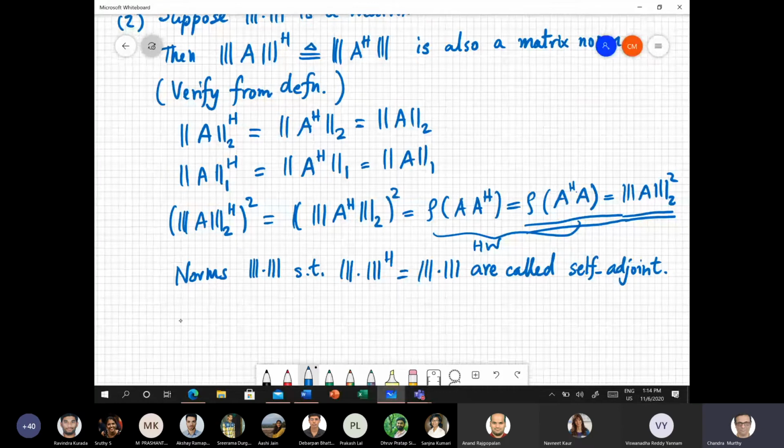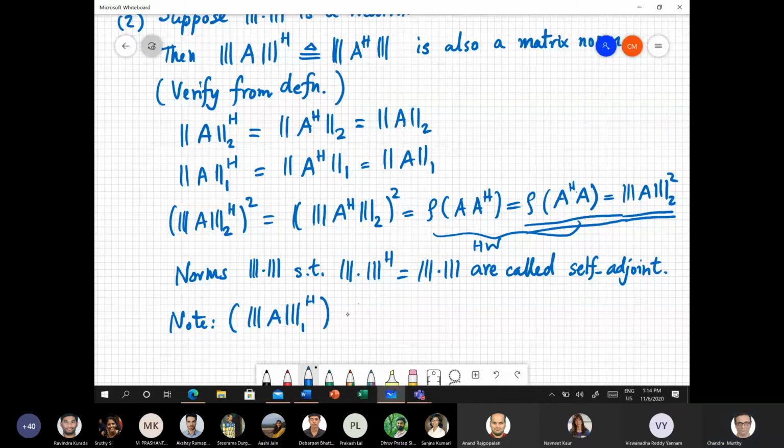Okay, and by the way, note that if I compute the max column sum norm H, that is equal to the max column sum norm of A Hermitian, which by definition is the max row sum norm of A, and that is different from the L1 norm of A, the max column sum norm of A. So this is not a self-adjoint norm.